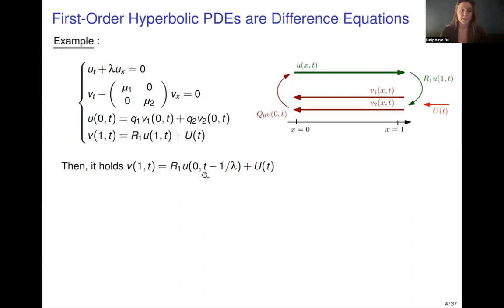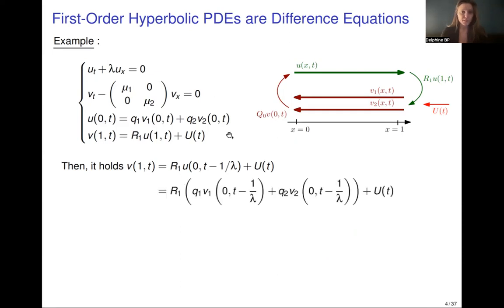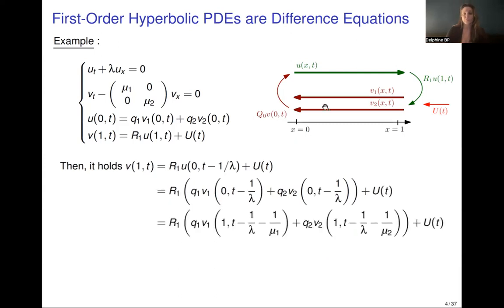Now, U at 0, you can use again the boundary condition of U at 0 and replace it in terms of V1 and V2. And this V1 and V2 at 0, again through the characteristic line, you can relate to V1 and V2 at x equal 1, but delayed again by their respective transport times, which are 1 over mu1 and 1 over mu2.